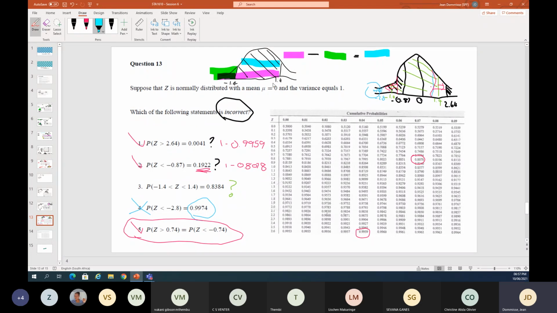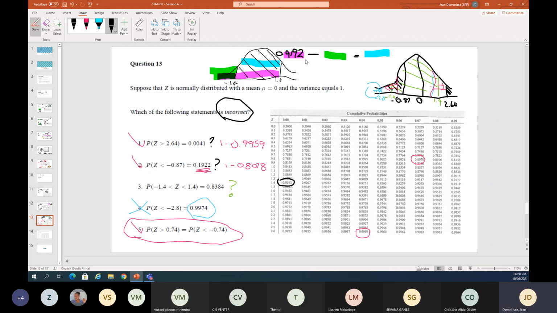Look at it again. That whole area is the purple area. If I get the purple area and subtract the green area, I sit with the blue area. The purple area for 1.4 is 0.9192.